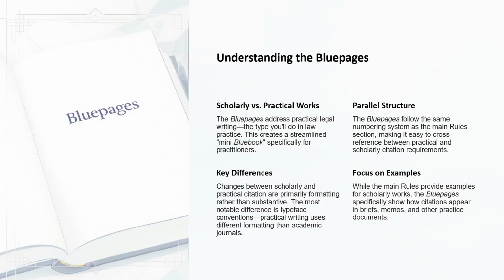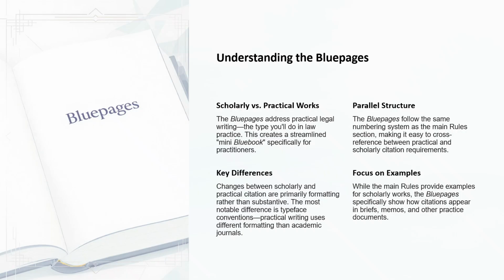So the blue pages are the first section that you'll use, and the blue pages are sort of a mini Bluebook specifically for practitioners. The Bluebook was originally written for scholars to cite legal works, but then it became adopted by practitioners.